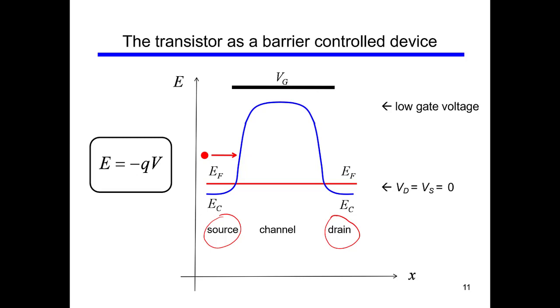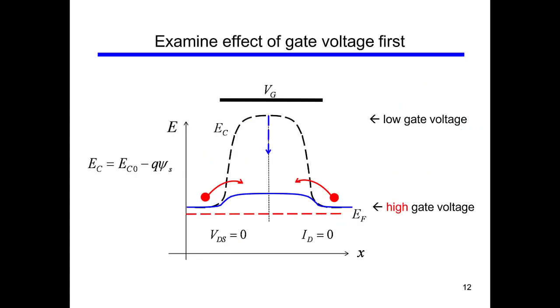So when you apply a low gate voltage, the potential hill is very high. Note that the source and drain are at zero potential. But what happens when you apply a voltage VG, a high gate voltage? You see, for a high gate voltage, the potential hill goes down.